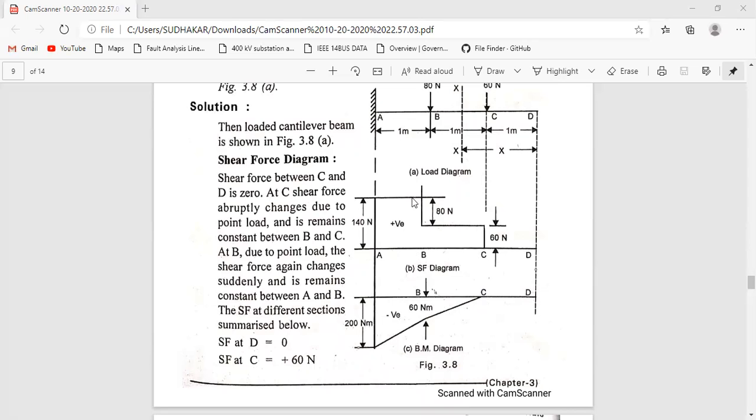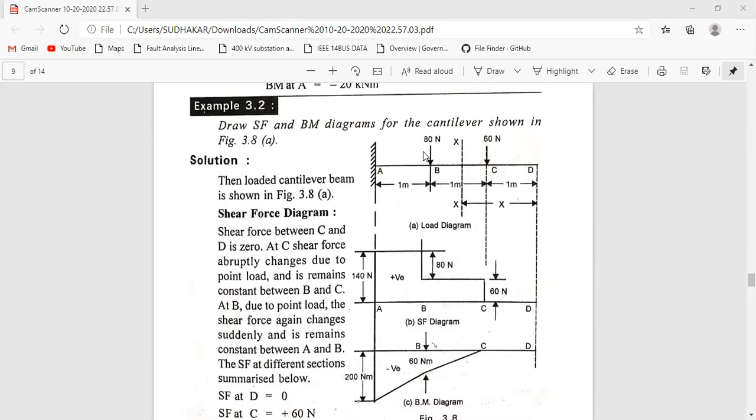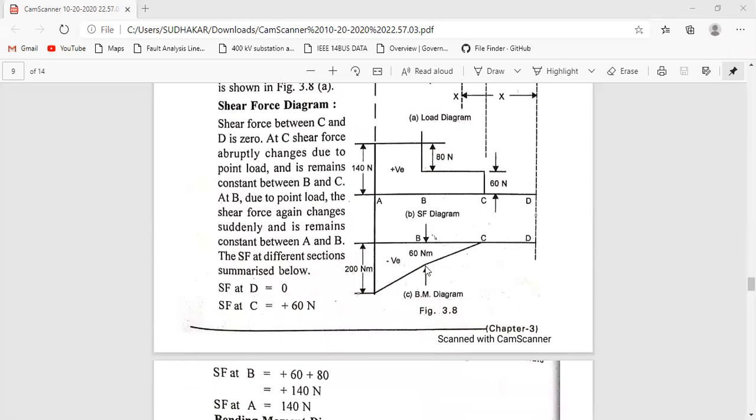After point B, another force will be added into the count, so from here to here another inclined line will be there up to here. So the total will be 200 newton meter.